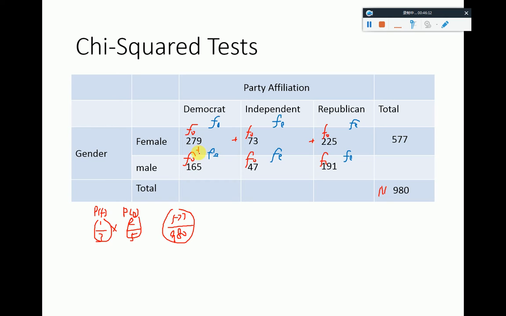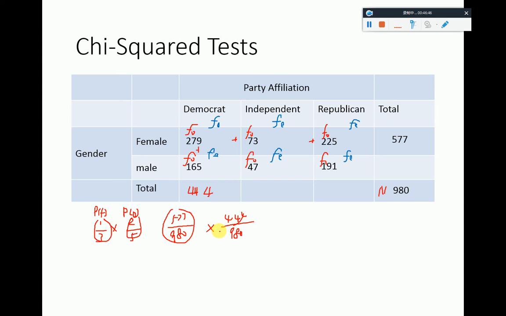So the total number of Democrats in the sample will be 279 plus 165. What is it? It will be 444. So the probability of observing Democrats from the sample will be 444 divided by 980. There you go, you have the ratios.